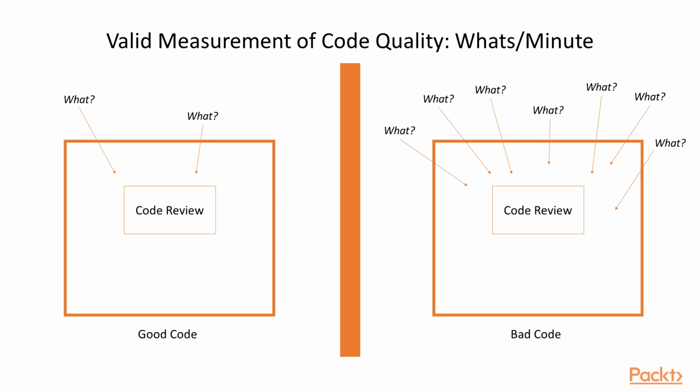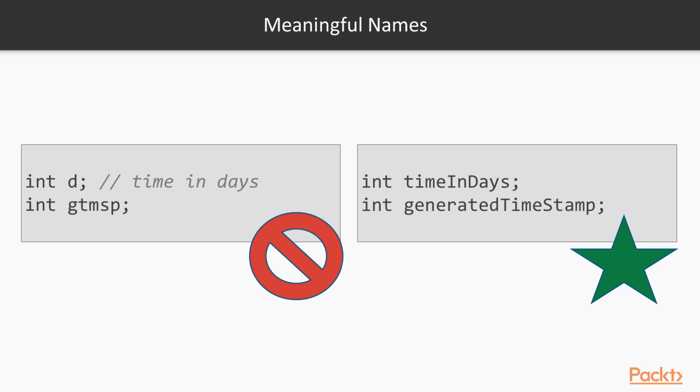So this is why it's so important to create clean code, because it's going to help not only you but all the people that are going to touch, read, and maintain your code. So let's start with some real-life examples of what is clean code and what we can do to get better.